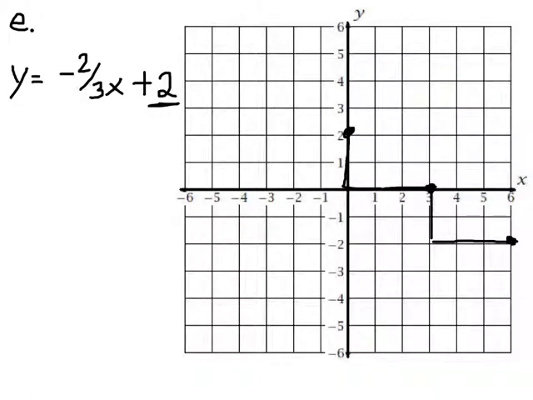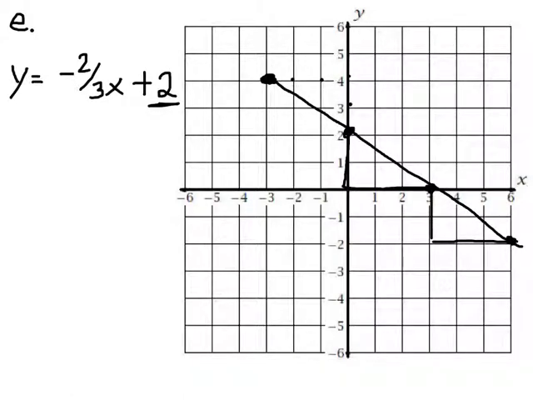Another thing you can do from here is go up 2 and over 3 to the left into the negative quadrant and make a point. So I'm going to connect these as well as I can, freehand. That would be the line that fits this equation.